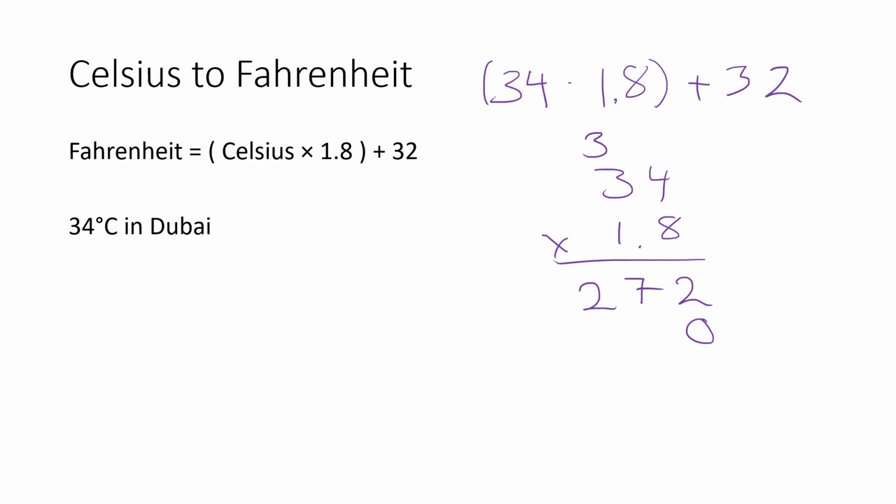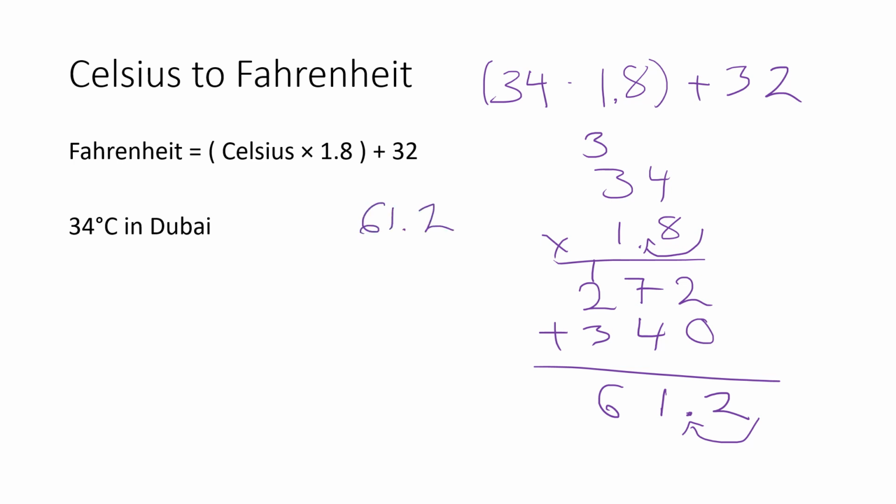So we start our second row. 1 times 4 is 4, 1 times 3 is 3. Add everything together, we should get 2. 7 plus 4 is 11, carry your 1. 1 plus 2 is 3, plus 3 is 6. And then remember, our decimal moved over once here, no decimal on the top, so our decimal here is going to move over once as well. So 34 times 1.8 gives us 61.2.